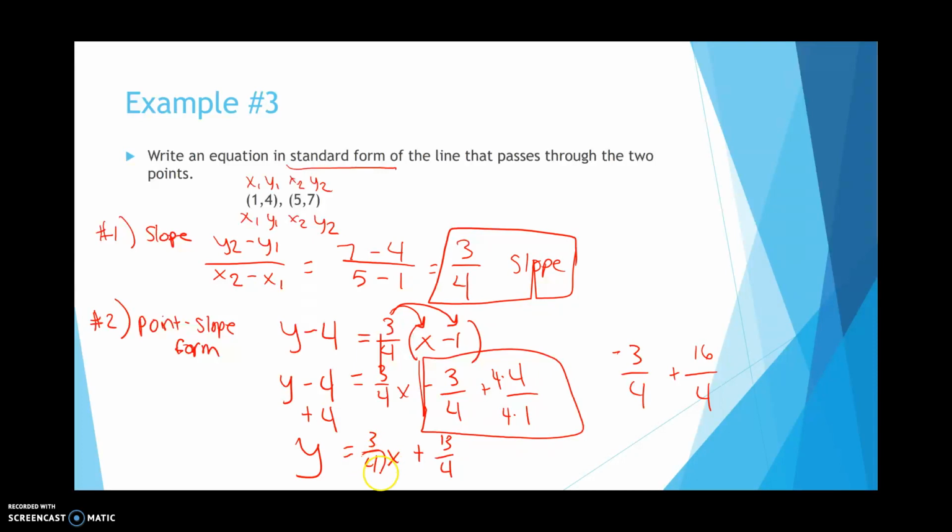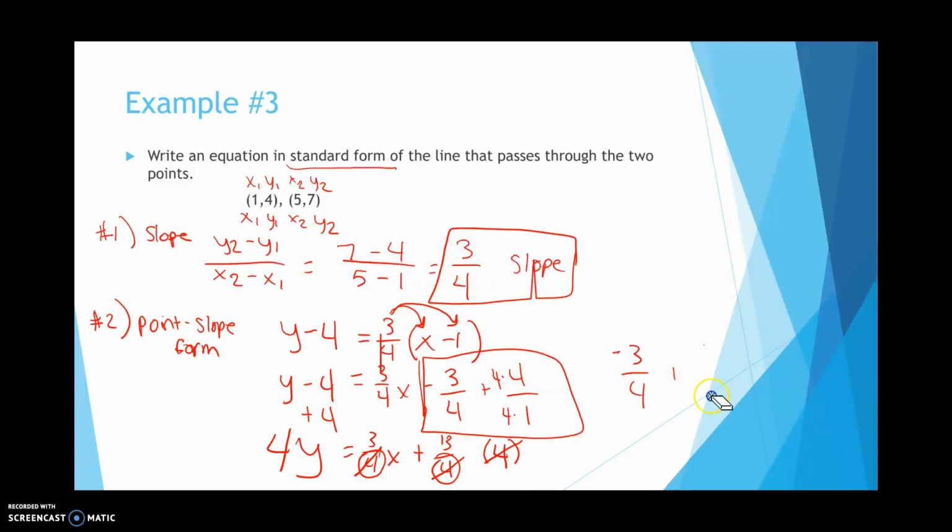I want to get rid of the 4 as my denominator here. So watch what I do. I'm going to multiply the right side by 4 because we want to cancel those 4s out. Think of when we're solving equations, whatever you do to one side of the equation, you have to do the same to the other. So when I multiply 4 to the right, I'm going to multiply 4 to the left. So it cancels the 4s on the right side, leaving me with 4y on the left.